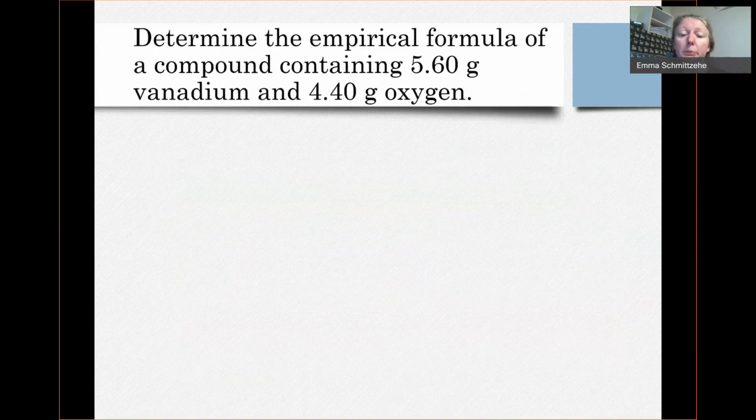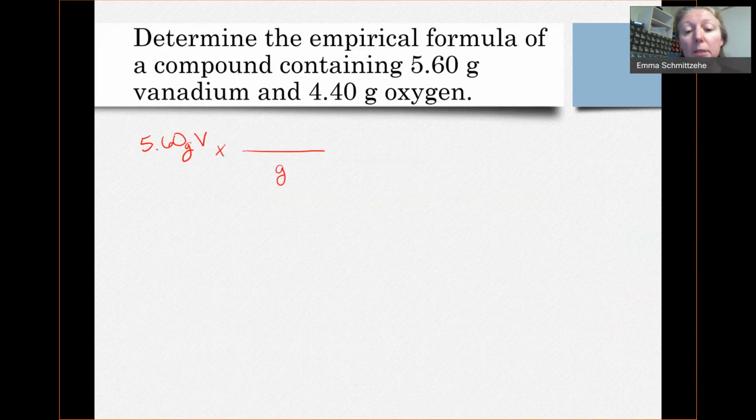So let's look at a few examples of going from experimental data of the breakdown of the elements to an empirical formula. So first I say determine the empirical formula of a compound that contains 5.60 grams of vanadium and 4.40 grams of oxygen. Okay, so I have those two masses, and my first step is to convert my values to moles. So I'm going to take the 5.6 grams of vanadium, and I'm going to convert that to moles. I'm going to do dimensional analysis.